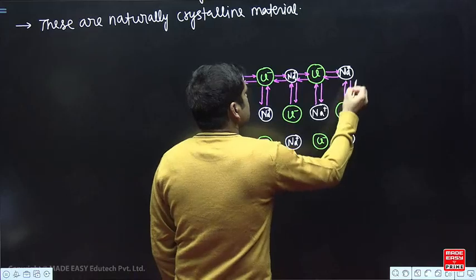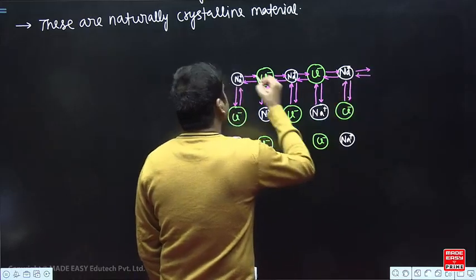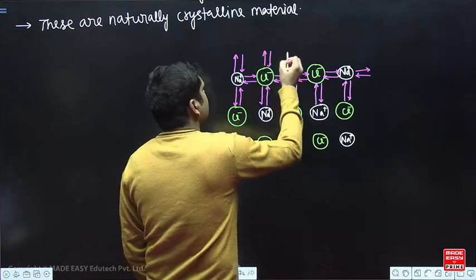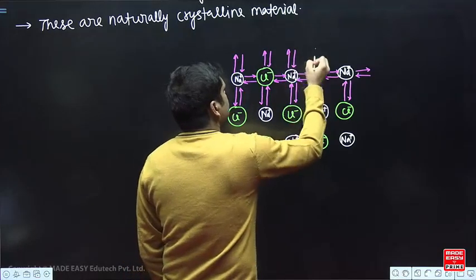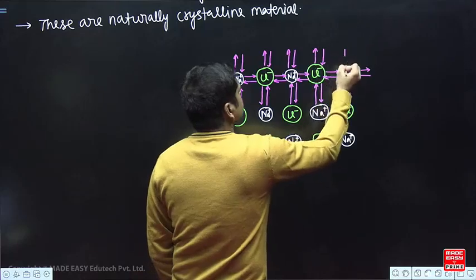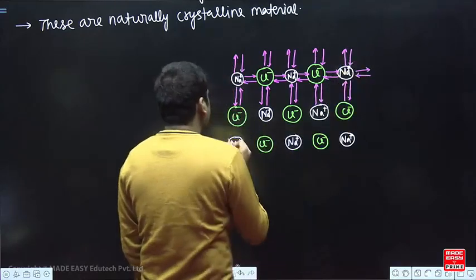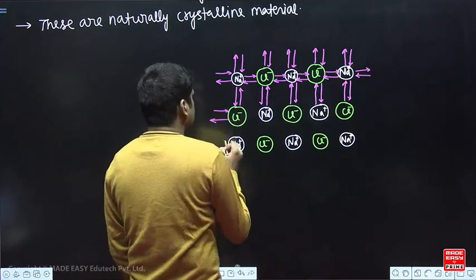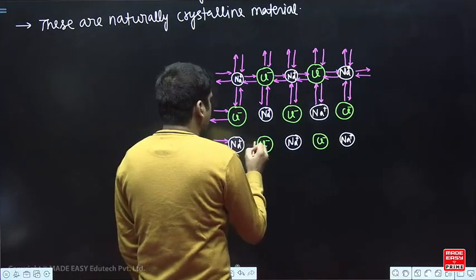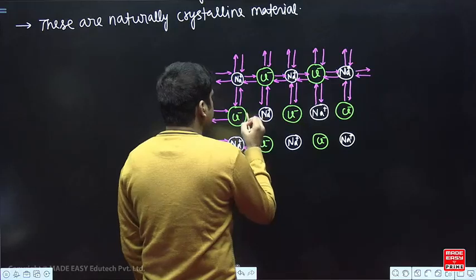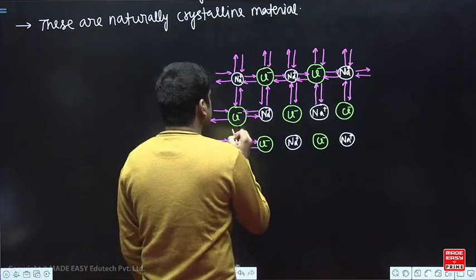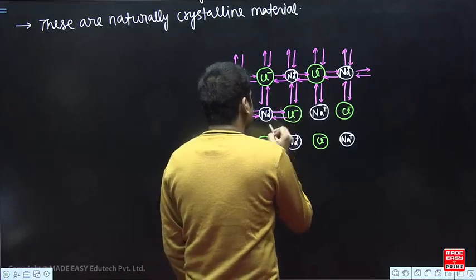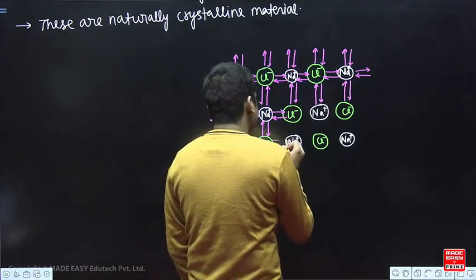Like this. Suppose there is an anion that will be attracting, there is a cation that will be attracting. Here also all the cations and anions are attracting each other.